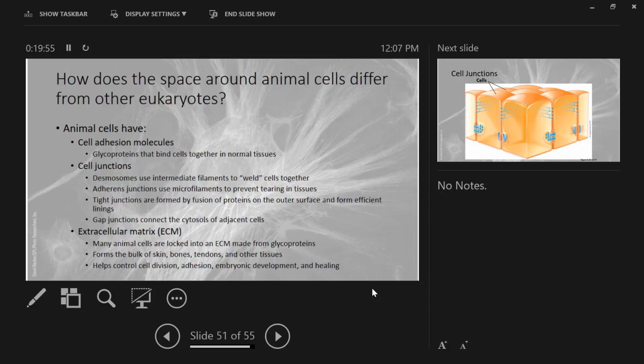Yeah, Joey? So, when we're thinking about skin, bones, and tendons, is it almost better to think about the cells that are there as just regulating that tissue, that extracellular matrix? Yeah, the extracellular matrix is doing most of the work that you associate with the tissue. The cells maintain the matrix. Okay. Yep, yeah, it's a good question.